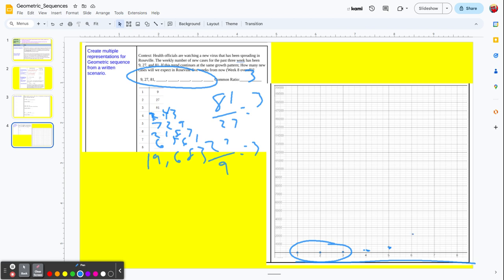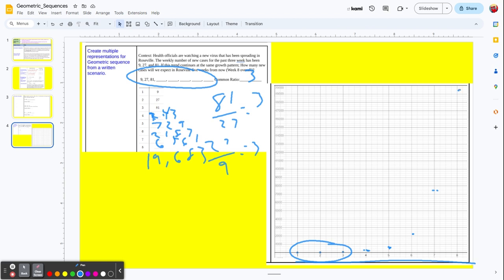So maybe that's about there. And 7, 6,500 and something. So 6,500 something's about right here. Okay. Again, there's just one point there. And then term 8, go all the way up to 19,683. So it jumps all the way up to here.